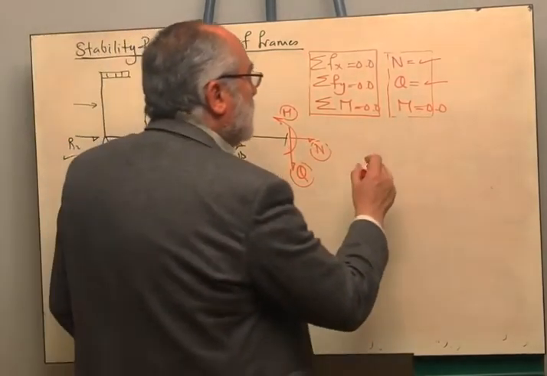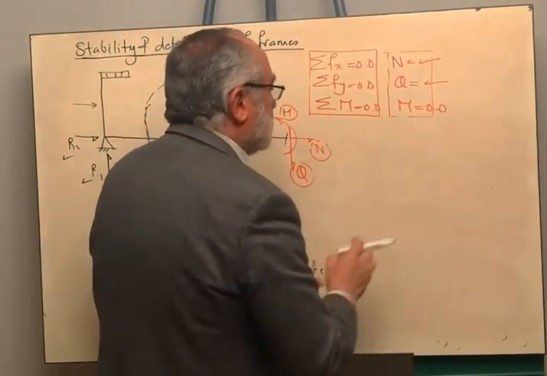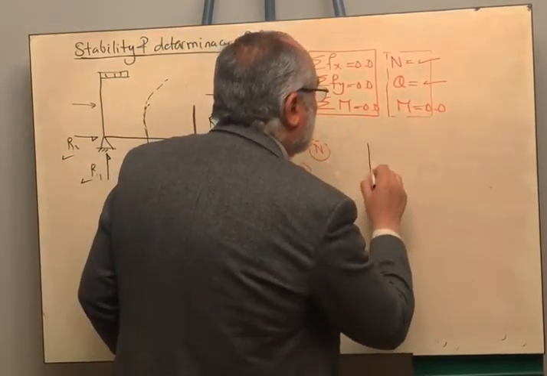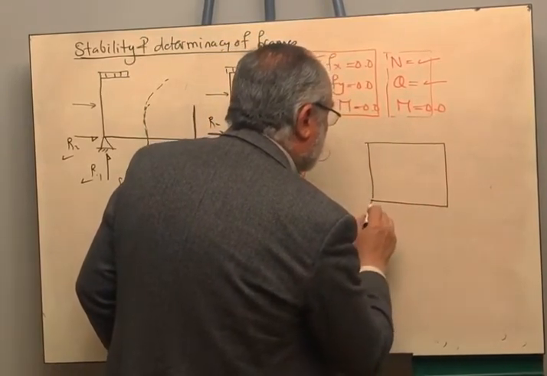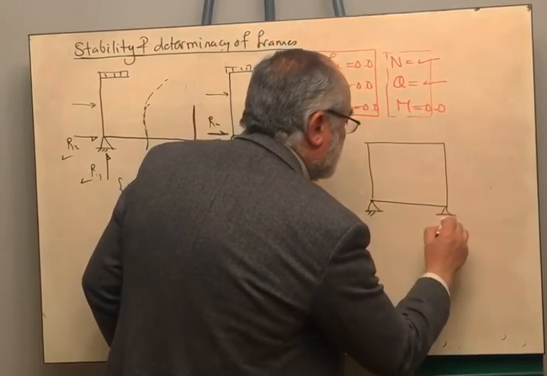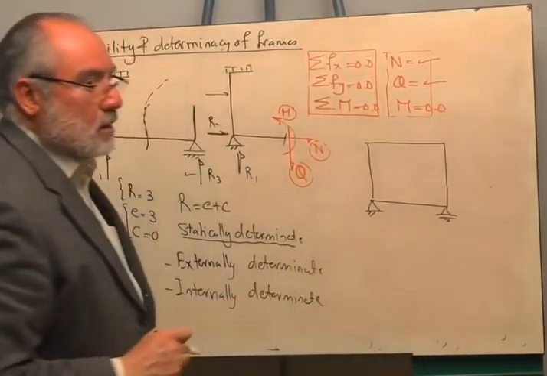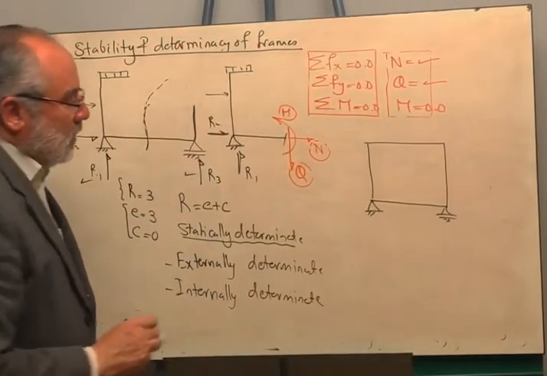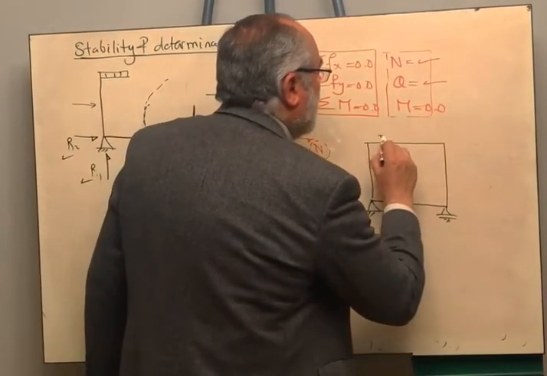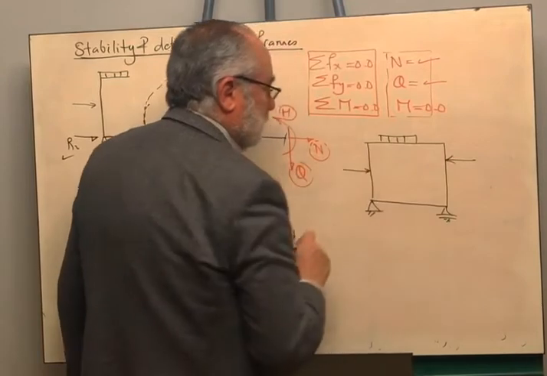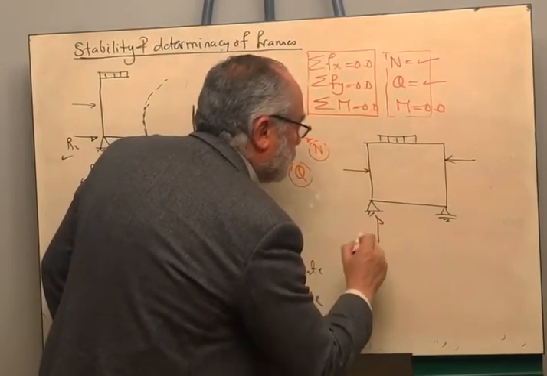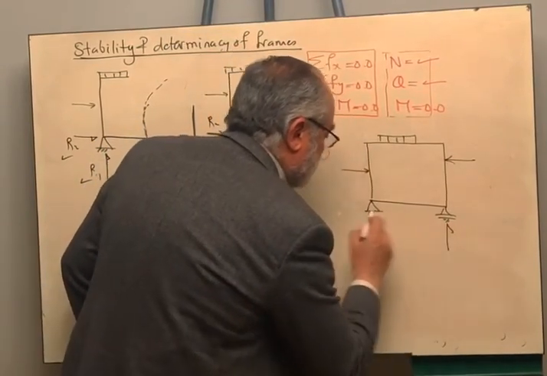How about if the structure is like that? Okay. Now again, if we are having any kind of forces here applied like this, and you are going to solve for the support reactions.